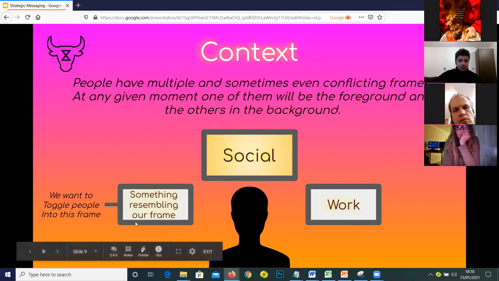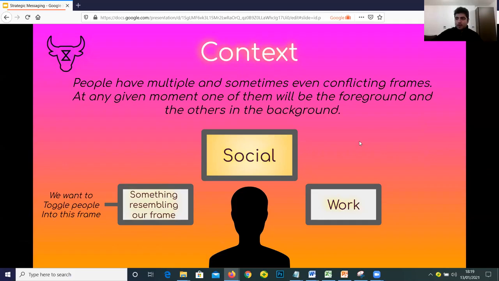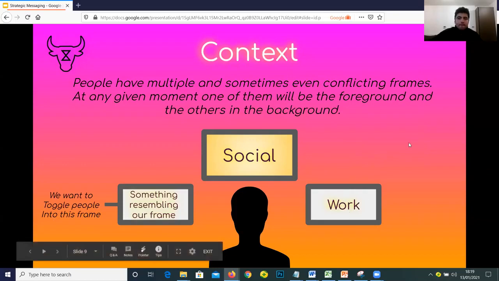So we want to toggle people into a frame resembling our frame. If we're Animal Rebellion, it might be a climate change frame, but primarily it'll probably be a frame based on compassion or ethics or something like that. Definitely not the work frame for the mass public.